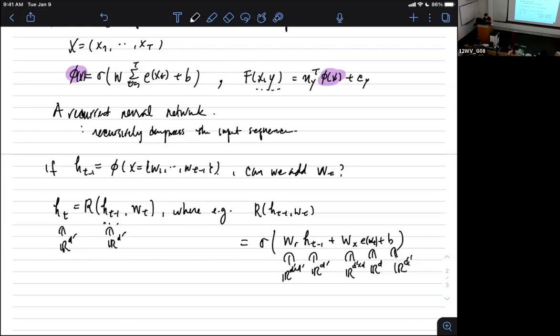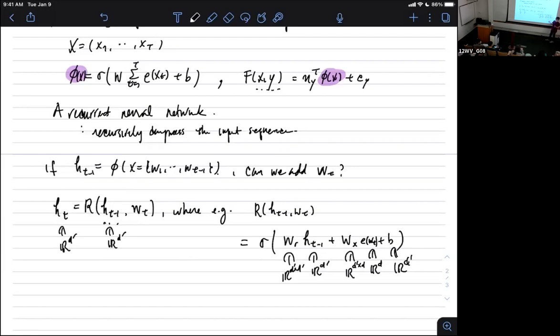So you're all listening, that's very good. So if you had this kind of neural network, then what this neural network would do is look at the concatenation of HT-1, the summary or the lossy compressed version of what has been received so far, and the embedding of the new word. So we look at the concatenation, and using that we transform this concatenated vector to be a new D prime dimensional vector.